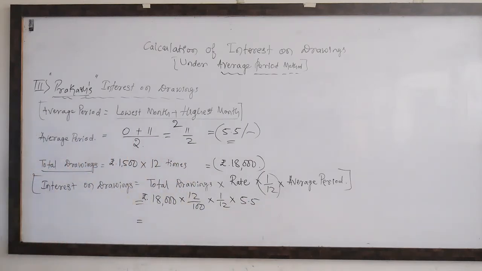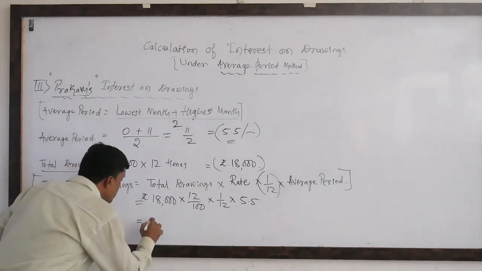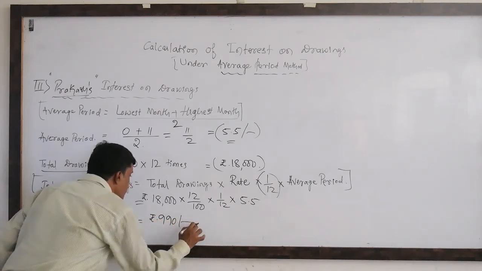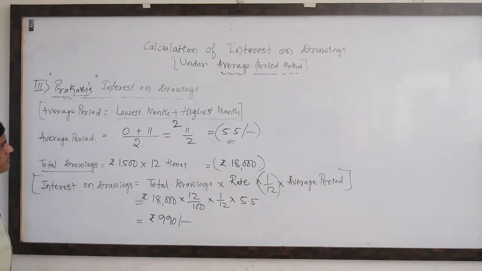Simplify, dear students. 18,000 into 12 by 100 into 1 by 12 into 5.5. So the interest on drawings of Mr. Prakash is rupees 990. So this is the interest on drawings under average period method.